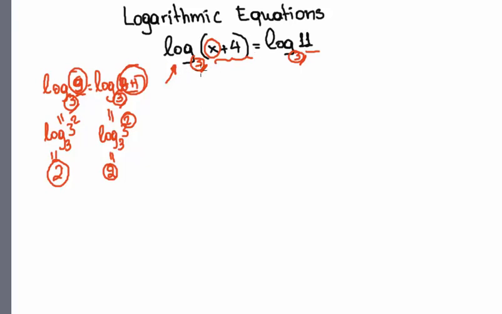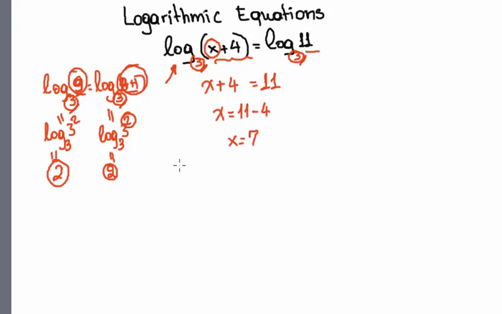Since these two numbers depend on the same base of the logarithms, the arguments x plus 4 and 11 must be equal. So in this case, how do we solve our equation? We set this x equal to 11 minus 4, and the result is 7.